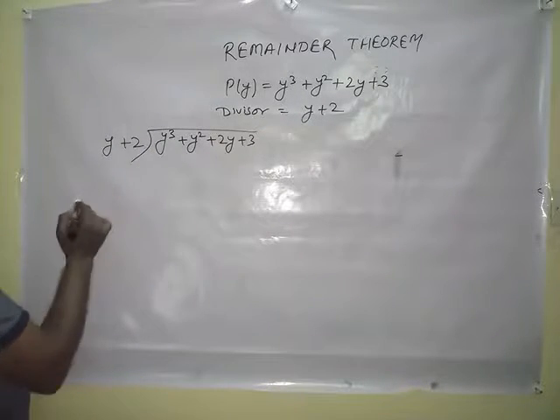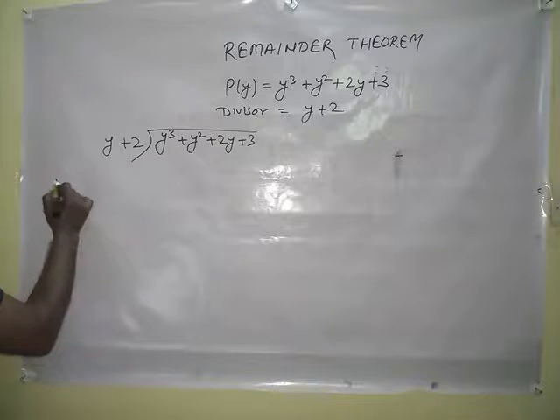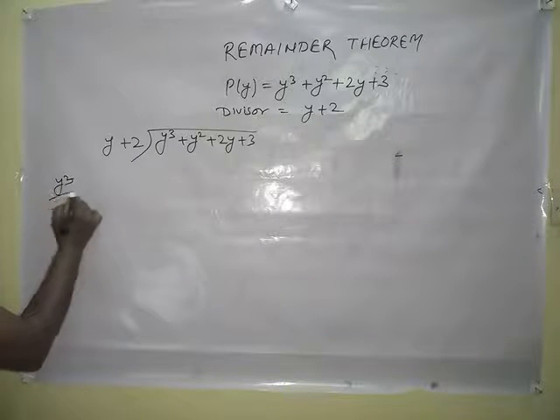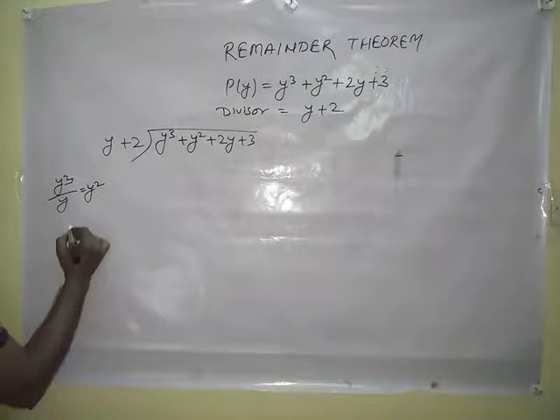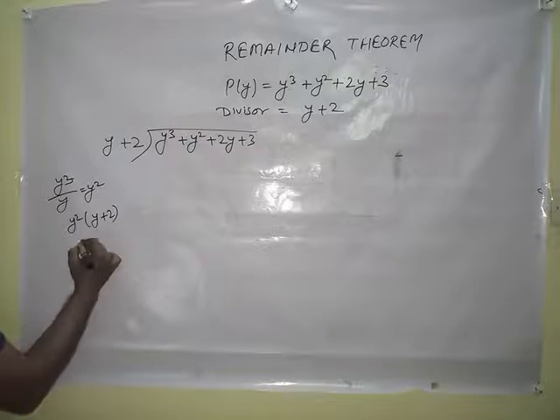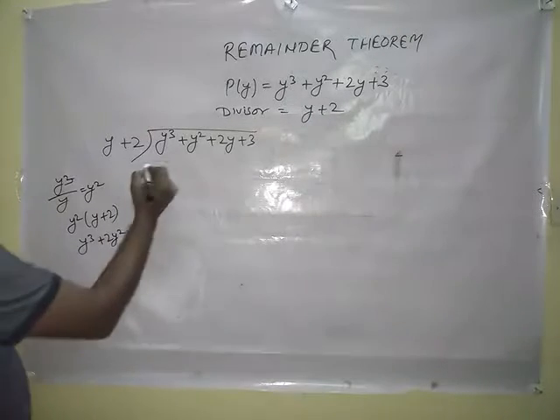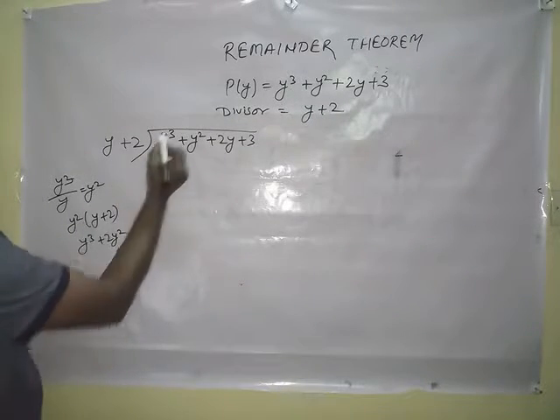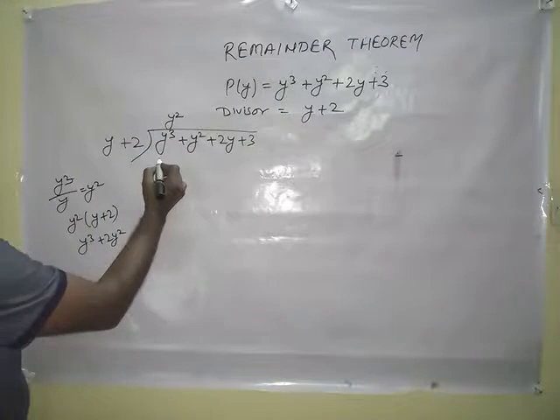What will be the first term of the quotient? y cube divided by y is equal to y square. This y square should be multiplied here. y square times y plus 2 is equal to y cube plus 2y square. So the first term of the quotient is y square.